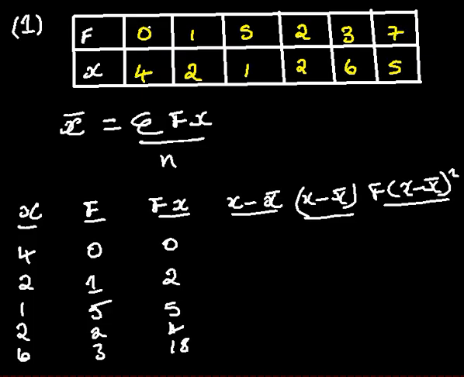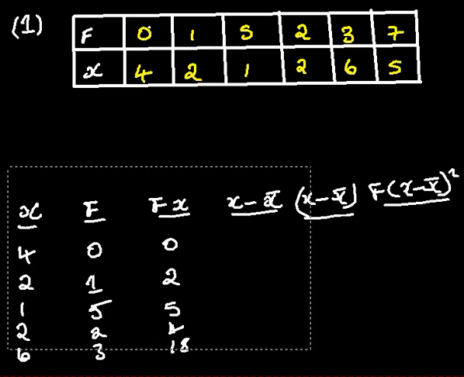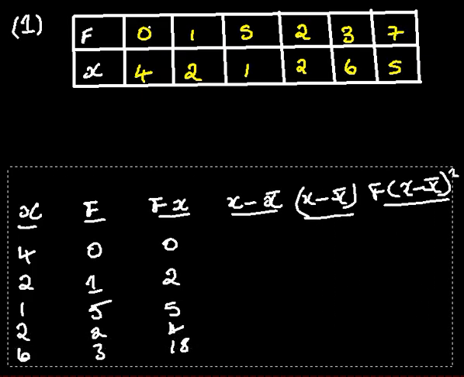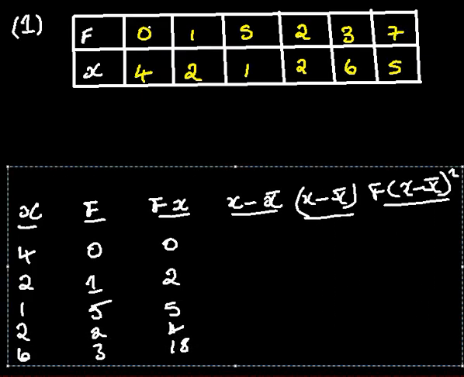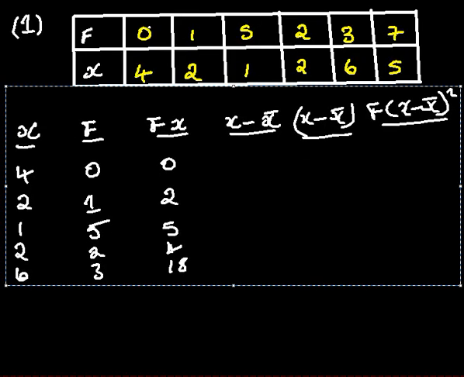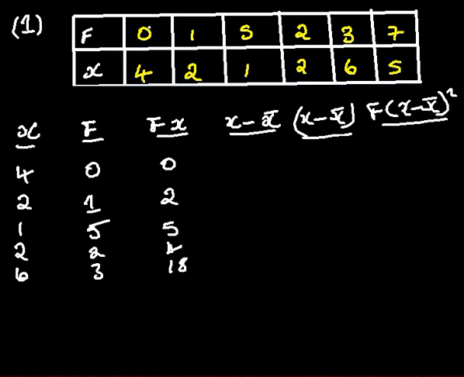So in this case, we have 5, that is the data value, and the frequency is given as 7, and 5 times 7, that is 35.